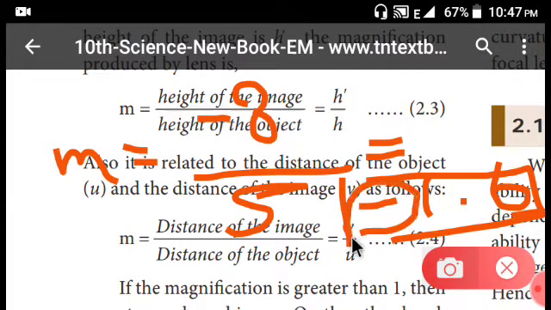And what this minus indicates is that the image formed by the object is a real image. This minus sign indicates the image formed is real, and this 1.6 indicates that the image is bigger than the object by a multiple of 1.6.